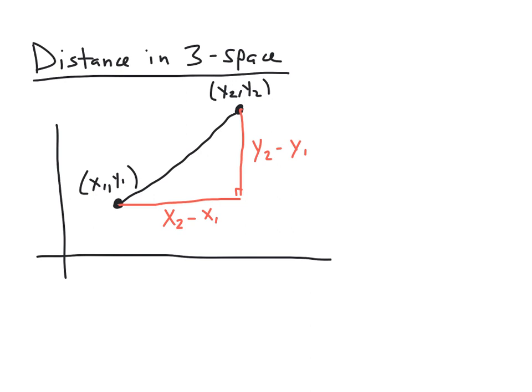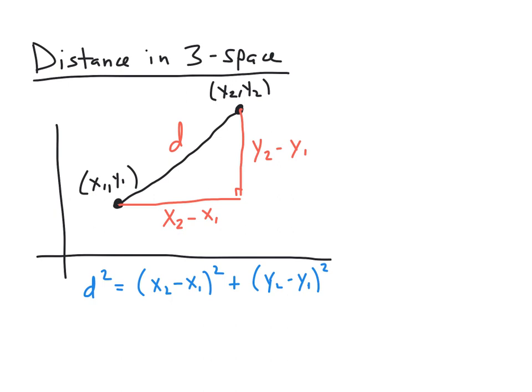Now if I call the distance that I want d, for distance, then the Pythagorean theorem tells us that d squared is going to be (x2 minus x1) squared plus (y2 minus y1) squared.